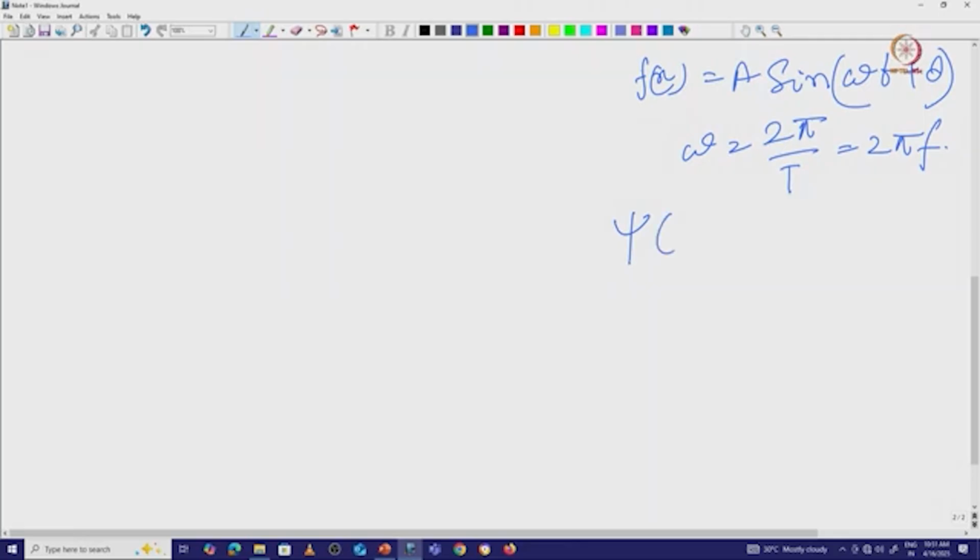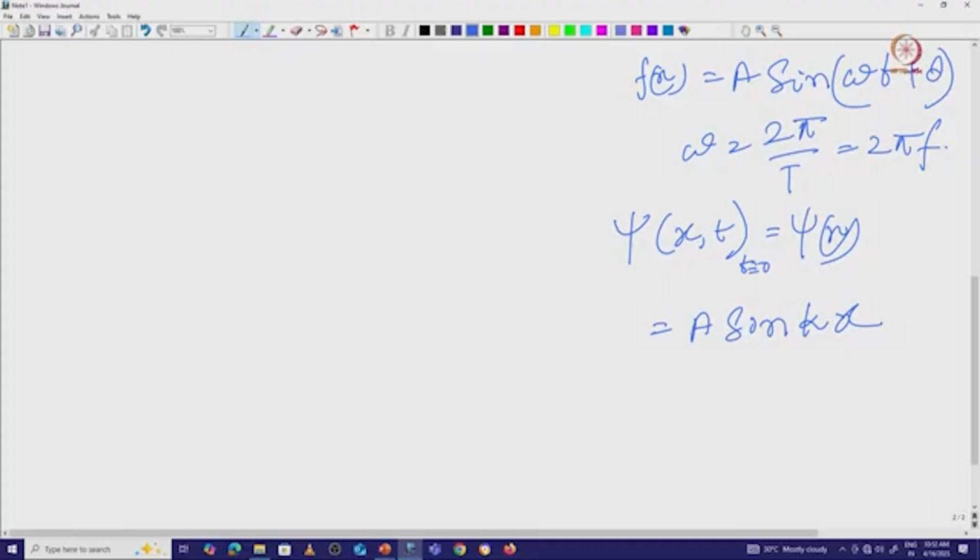We have x comma t, and if we consider t equals 0, we can write it as a sine kx, where k is the spatial frequency, and x is the distance.